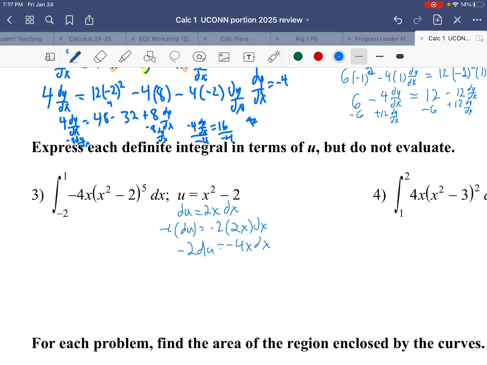So I can replace u with x squared, so it'll end up being u to the 5th. I have my derivative. Here, the last thing to do is to change the bounds. In this one, it's like x equals 1, and this is like x equals negative 2.